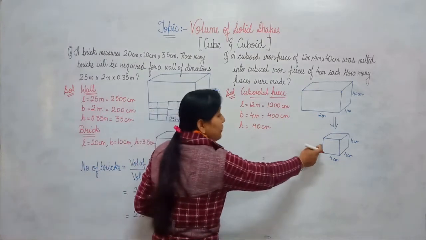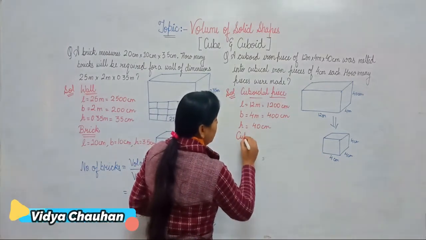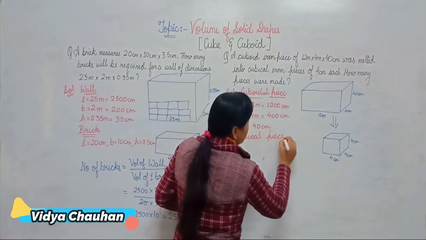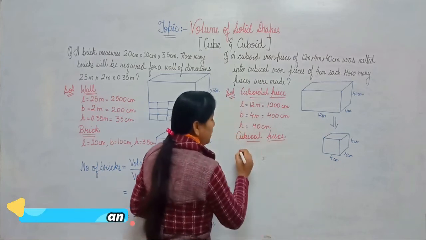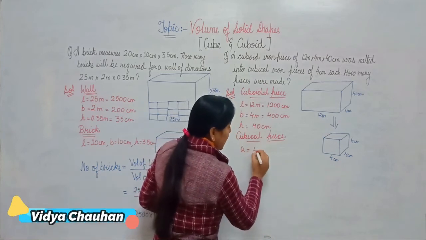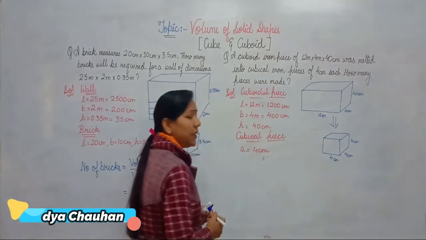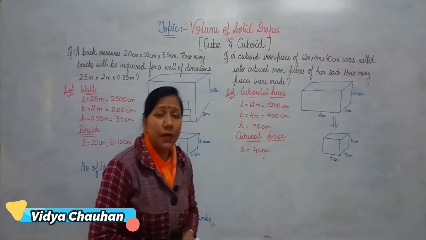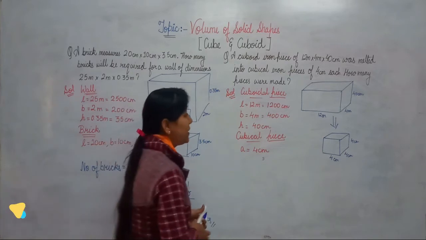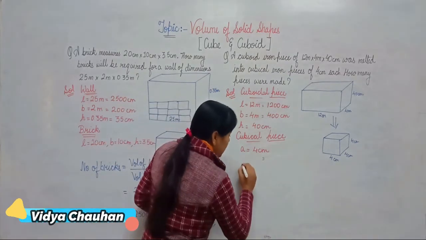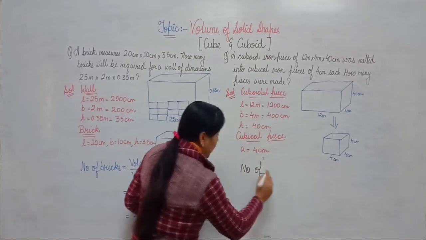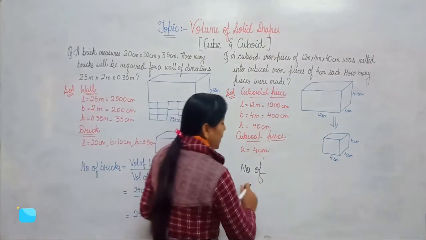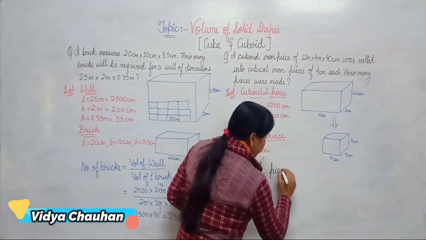Coming to the second one, which is our cubical iron piece. All the sides are of 4 centimeter each. Clear, students? Now it's time to find how many pieces you will get here. Once again, just like the previous question where we calculated the number of bricks, now we will calculate the number of pieces.